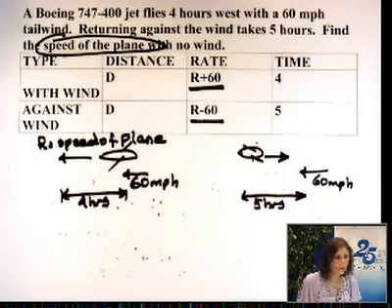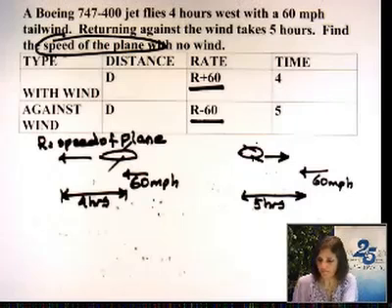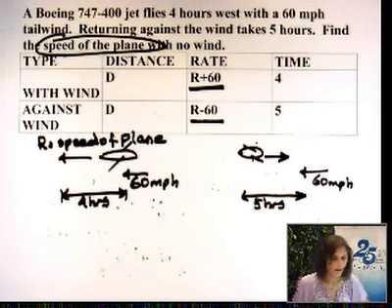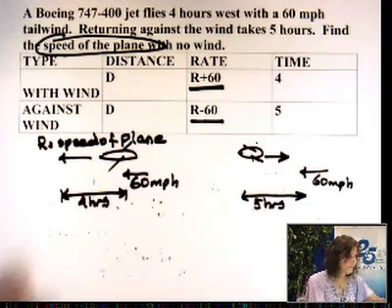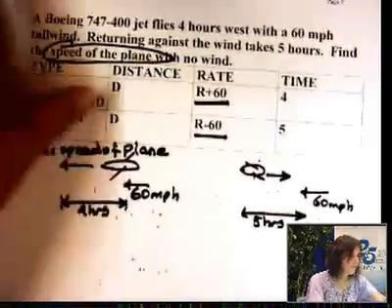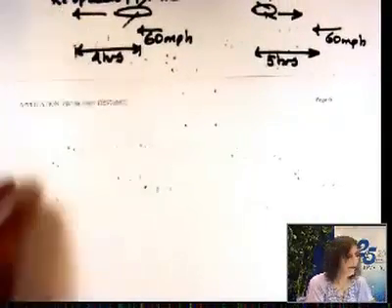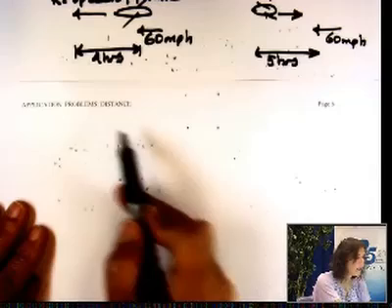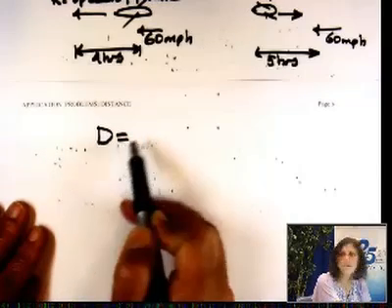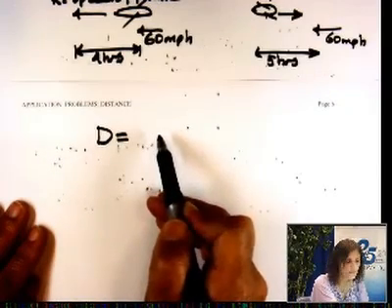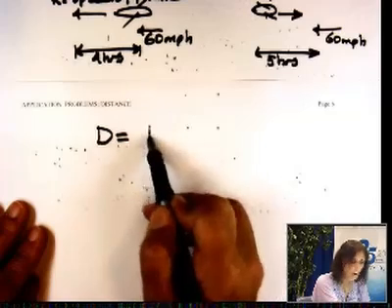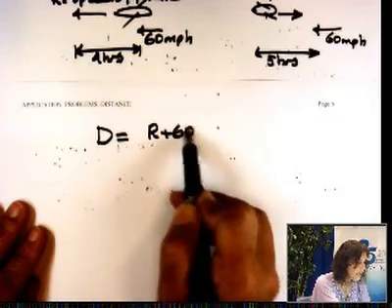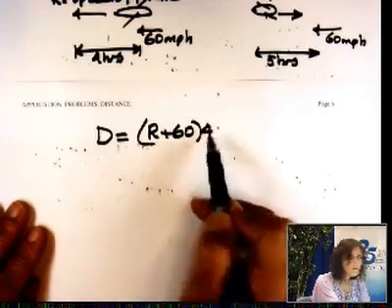So what are my equations then? The first time when I go with the wind, my distance is rate times time. My rate is R plus 60, and my time is 4 hours.